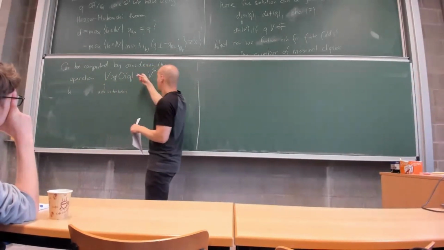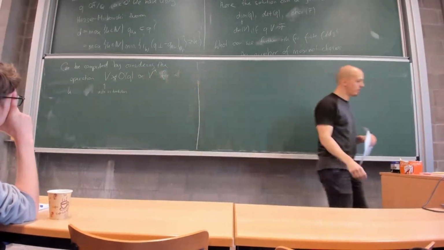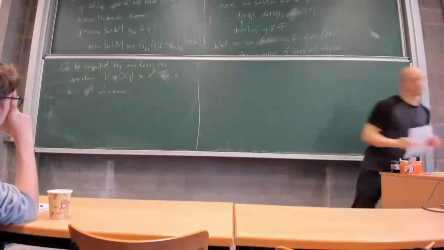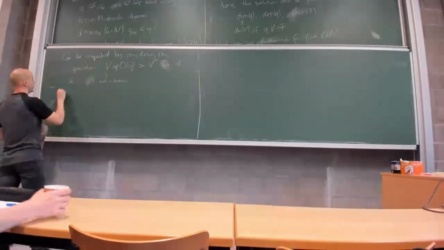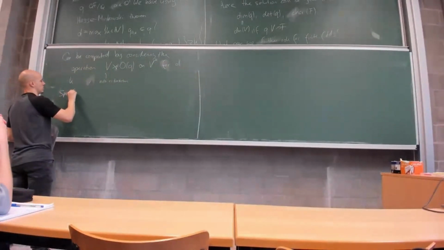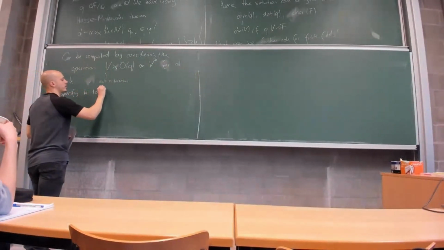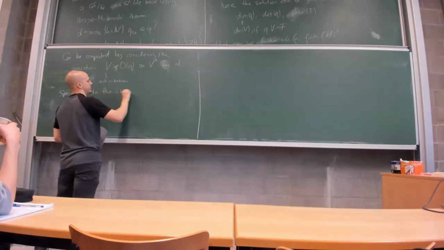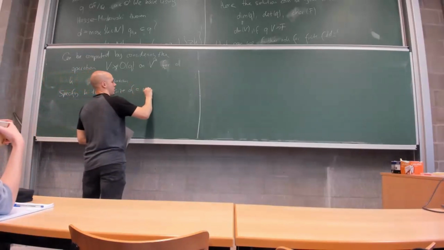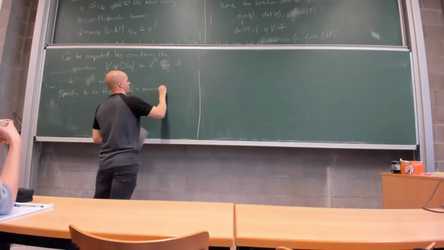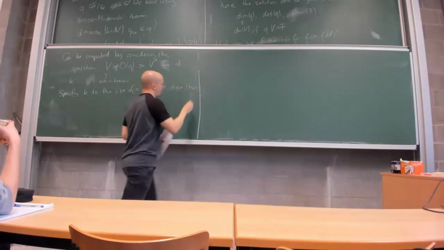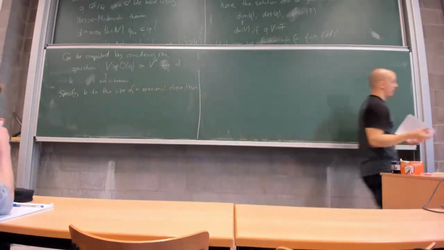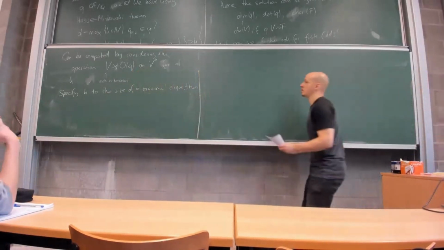operates just coordinate-wise on this one, and when we specialize it to k equal to the size of a maximal clique, then we can look at the orbit of some maximal clique.